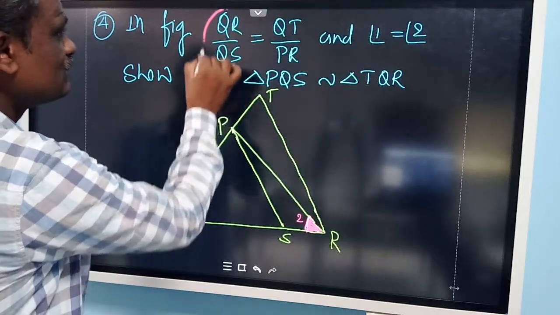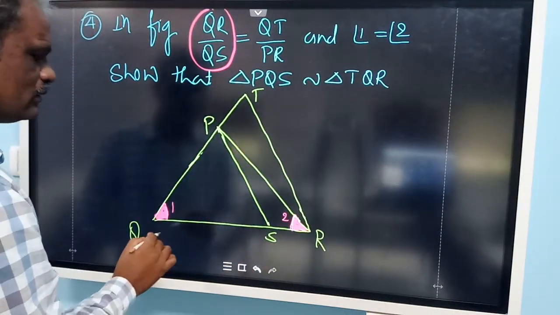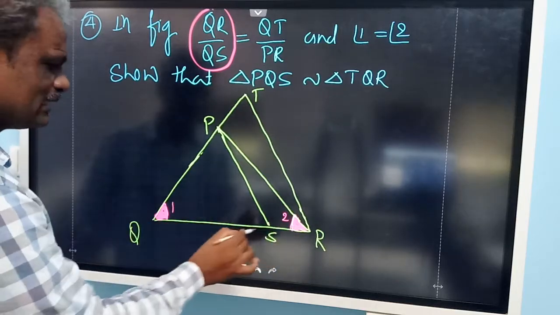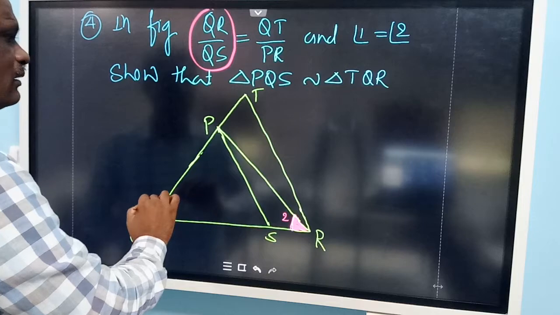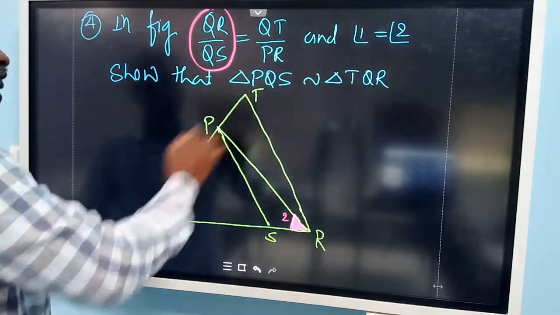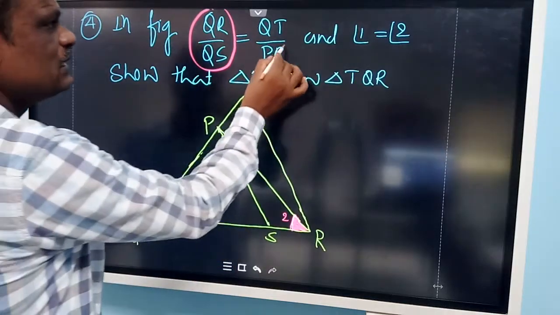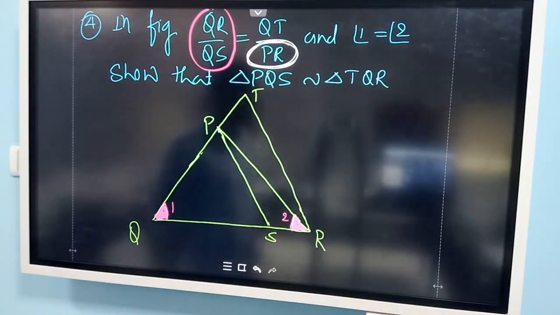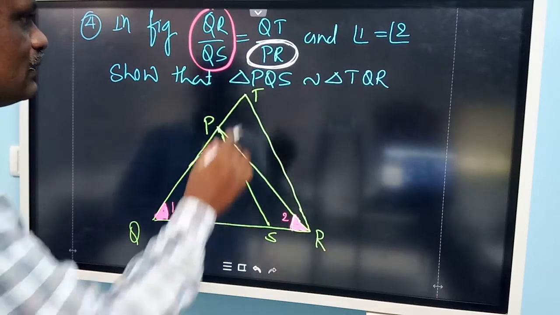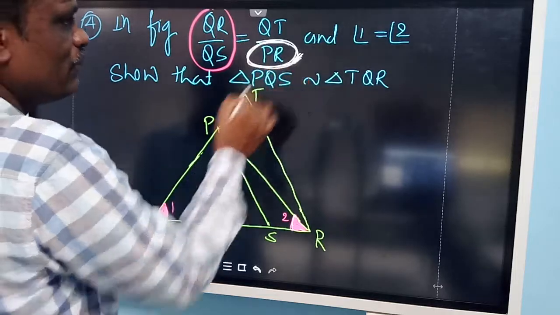QR by QS, this ratio, the longer side and shorter side. QT by QP is what is required, but we are having PR. So this is something that needs to be changed here to use Thales theorem. Keep this PR in your mind.